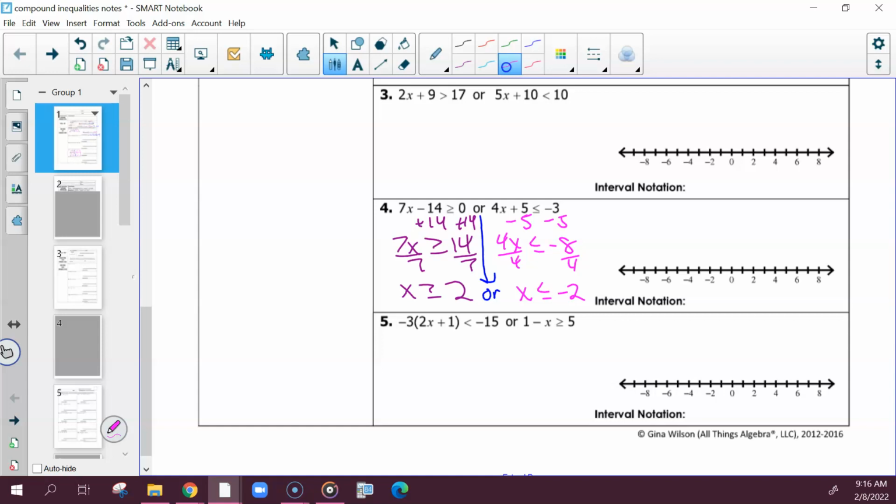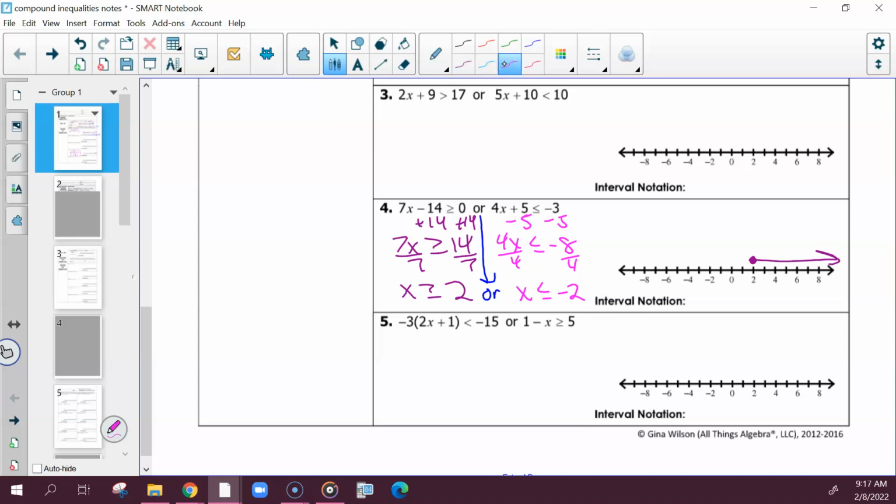Now, as we're looking at this, it may look a little weird because this one is greater than and this one is less than. So don't always assume whatever's on the left is going to be the one that faces to the left, because that may not be the case. If you want to rearrange it, you can, but you don't have to. So if I'm going to start graphing this, x is greater than or equal to 2, that's still going to be a closed circle going to the right.